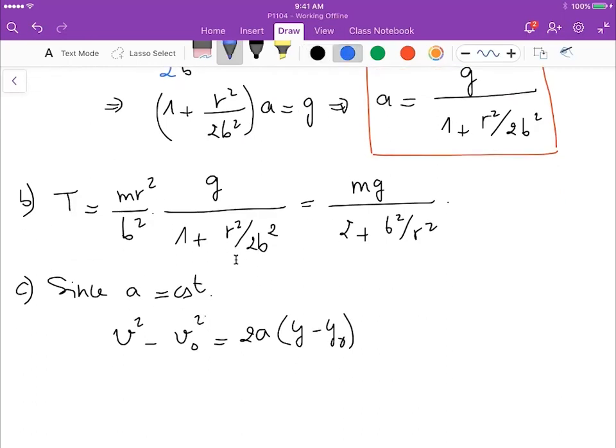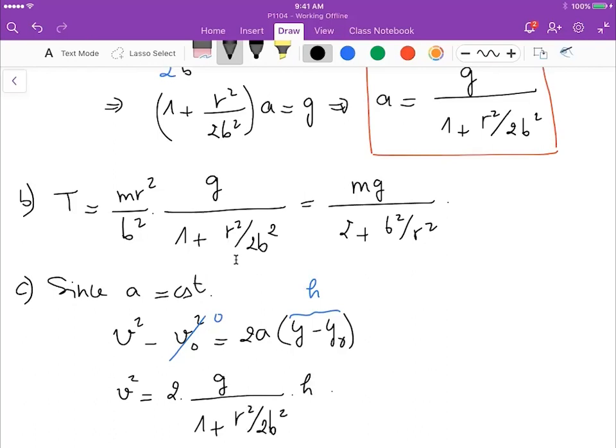Now, in the initial time the yo-yo was at rest, it was released, so v0 is equal to 0. Y minus y0, this is nothing else than the vertical distance h through which the yo-yo has rolled. And so we end up with v squared is equal to 2 times a هي عبارة عن g over 1 plus r squared over 2b squared multiplied by h, and so it's given by 2gh over 1 plus r squared divided by 2b squared.